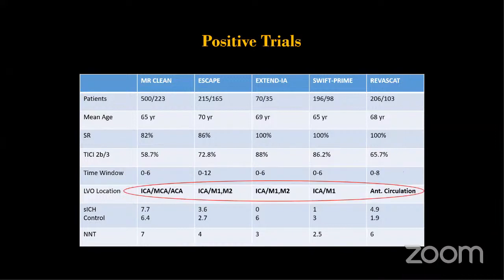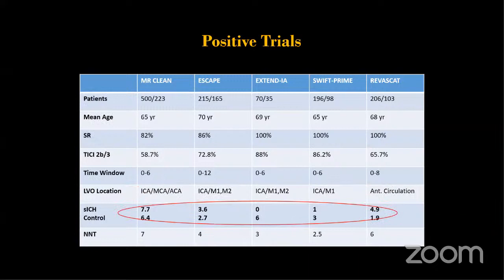It was all in anterior circulation, ICA, M1, M2. There was no significant difference regarding the safety outcome for these trials and treatment. It was comparable between the endovascular arm and the control arm.